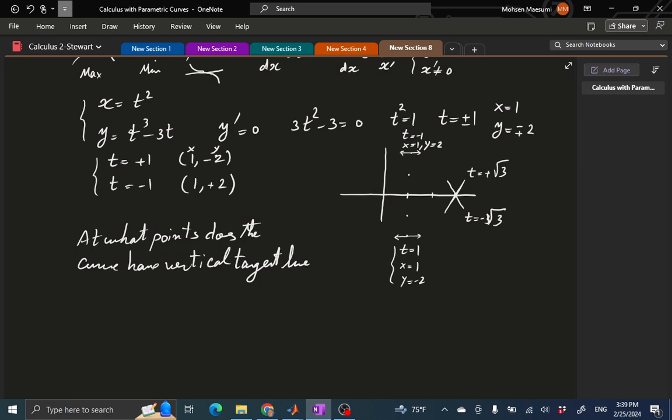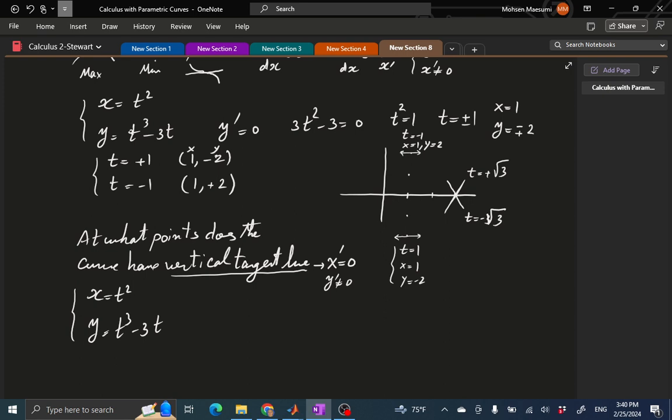So again x is t squared, y is the same t cubed minus 3t. We're looking at the same thing. Vertical tangent line translates to what? What do you think? Vertical tangent line translates to x prime being 0, and we want to make sure we don't have 0 over 0.